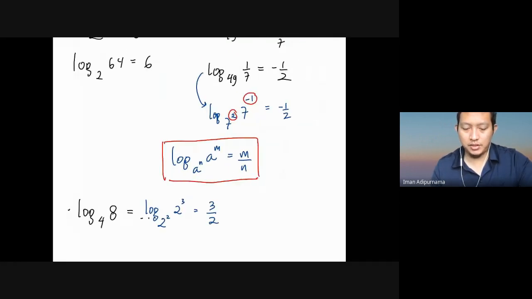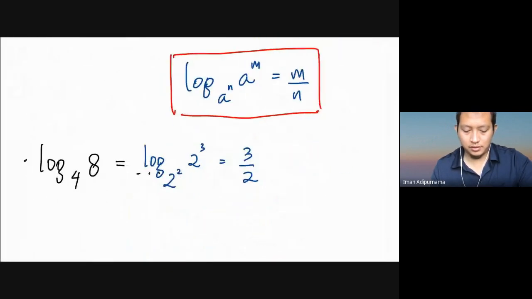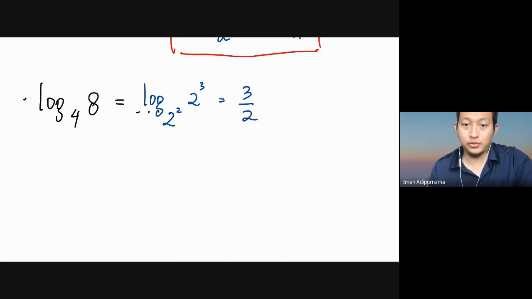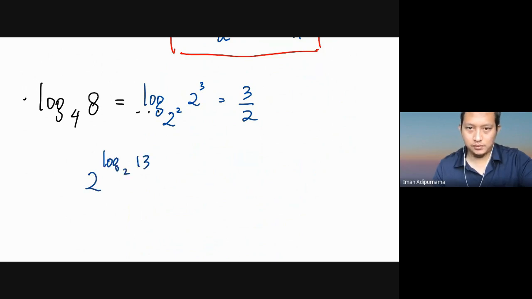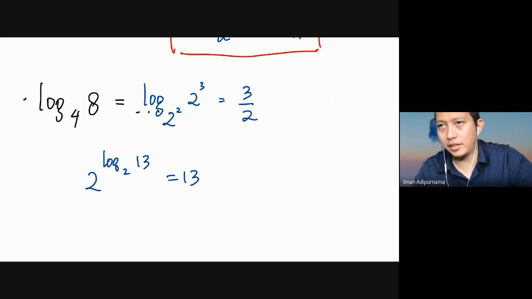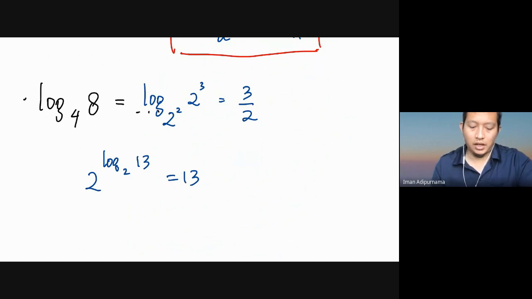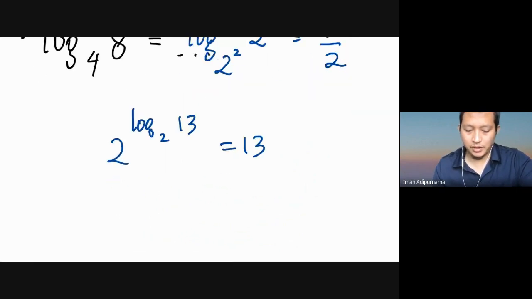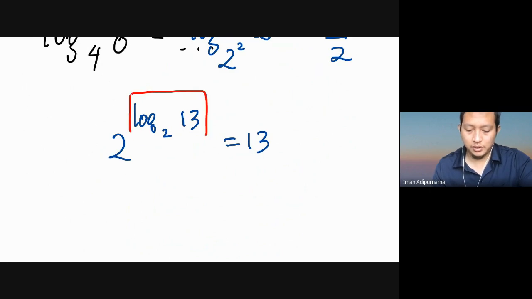Okay, if you are missing out on this one here, this will seem to be not really clear. If I have 2 with power of log base 2 of 13, from the property of log and exponent, we know that this will be 13, right? But maybe in an exam, or if you're nervous on how this came through, then remember this whole thing, you can treat this as y.